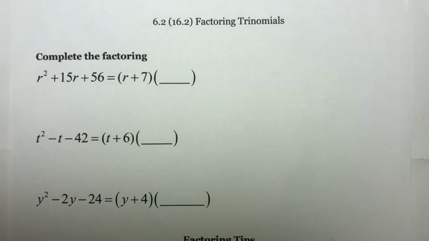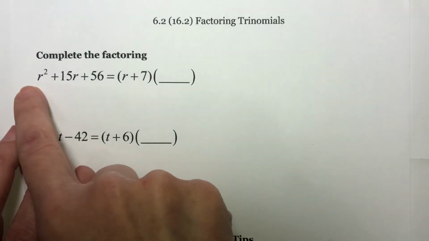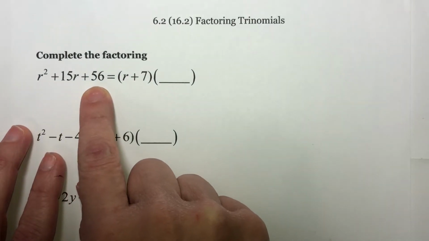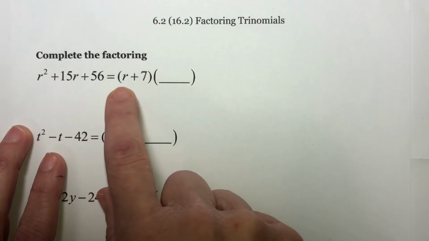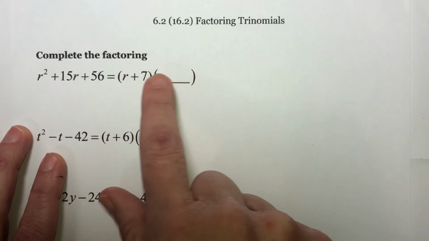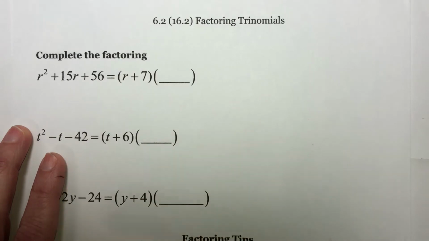So what we're going to do now is just sort of step up into it. This is a trinomial all the way multiplied out, and they want us to rewrite it as a product. Remember, when we have something completely factored, it means that if we were to plug in a number for our variable and then follow order of operations, the very last thing we would do is multiplication.